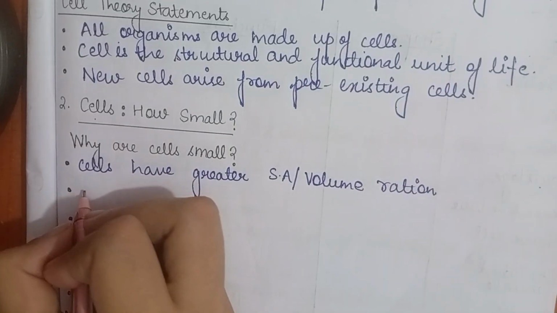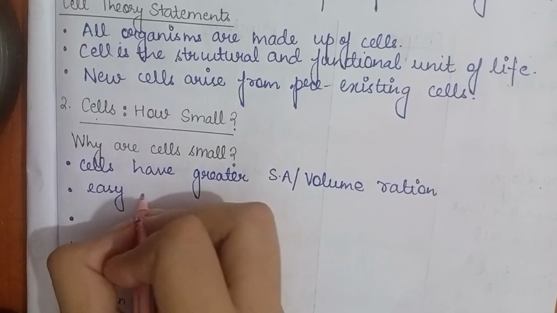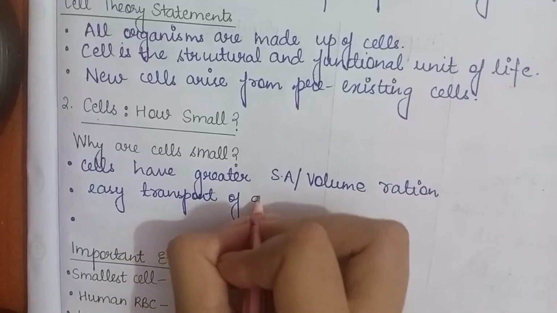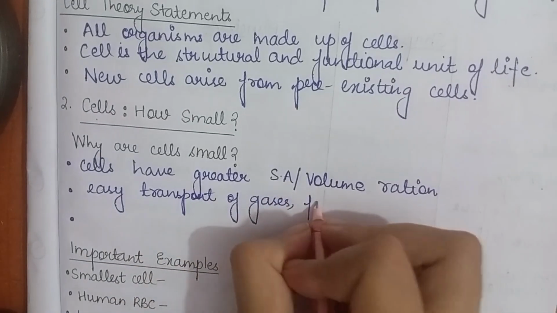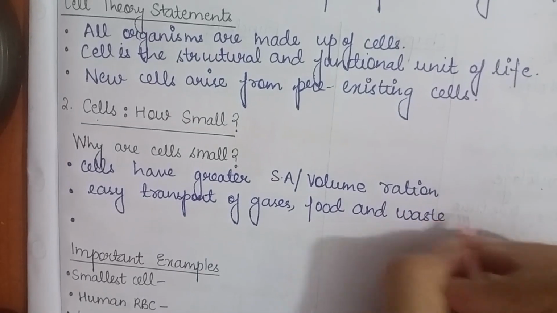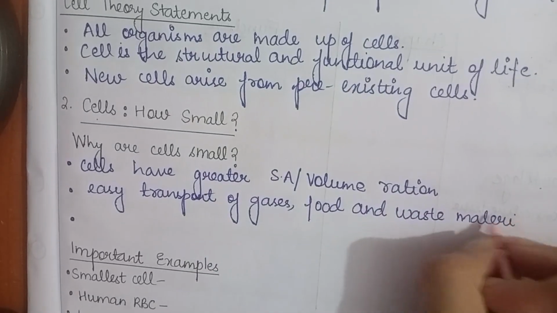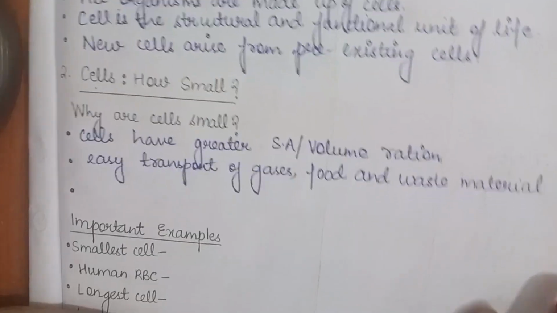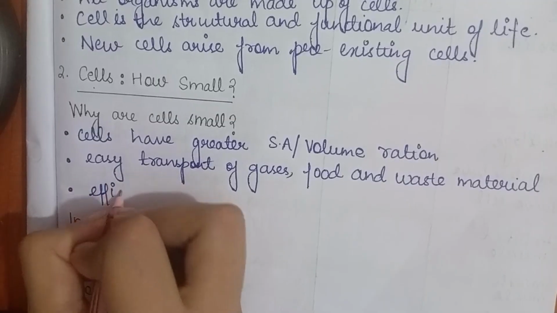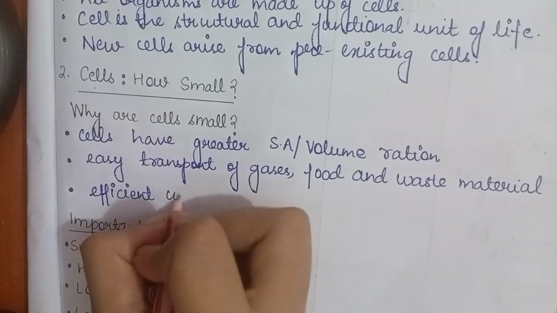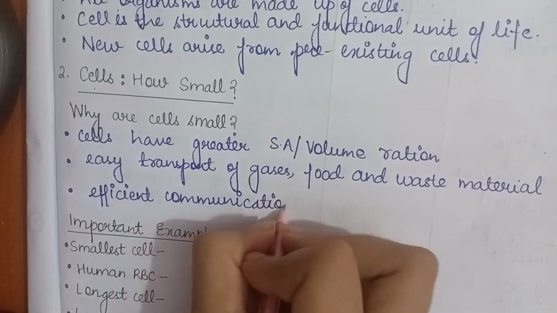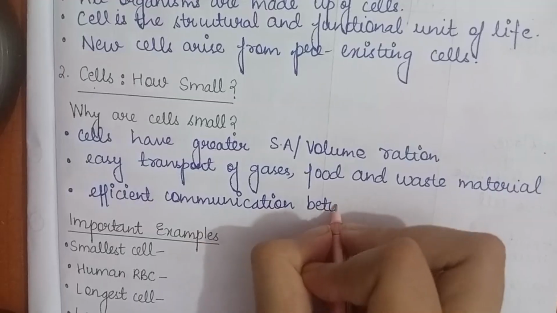And there is easy transport of gases, food and waste material. Then the next point is they are efficient for communication. Efficient communication between cells.